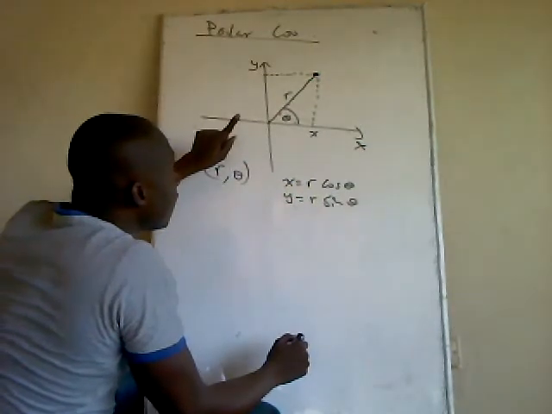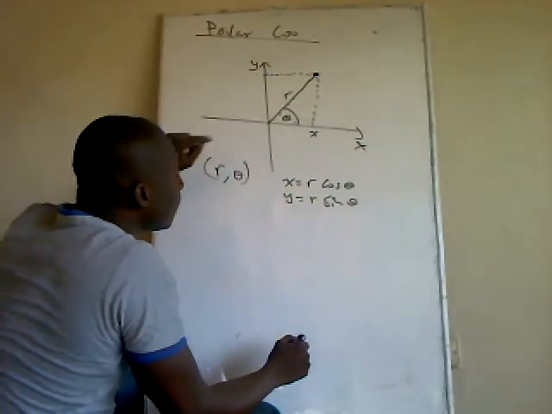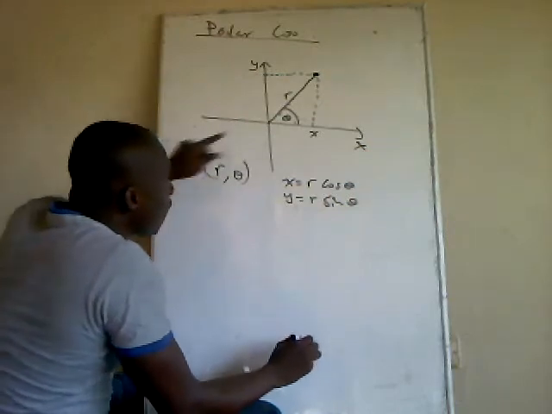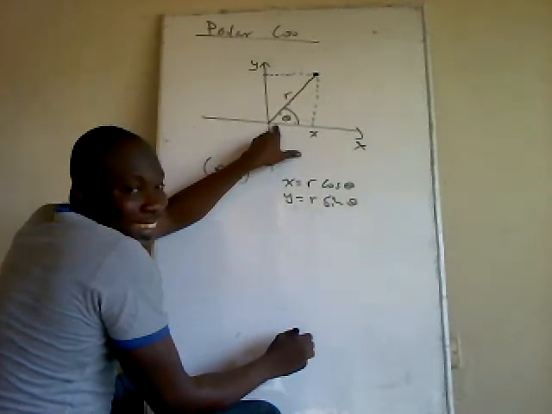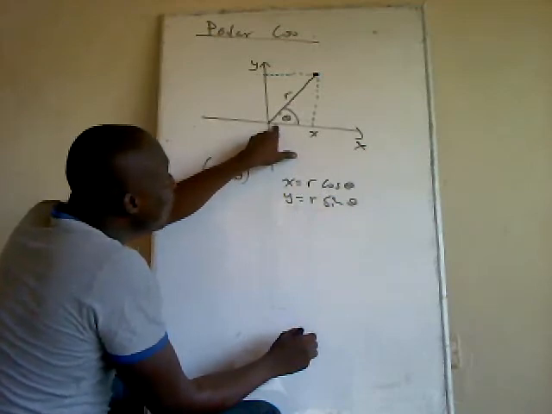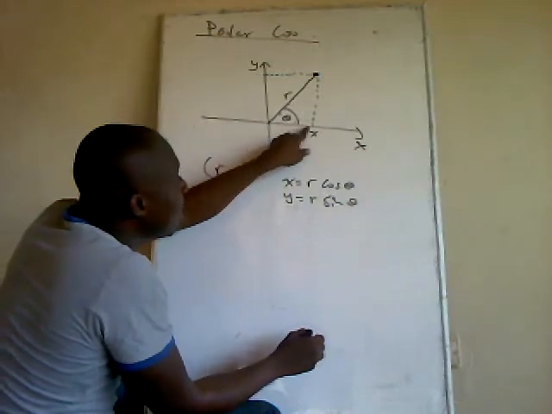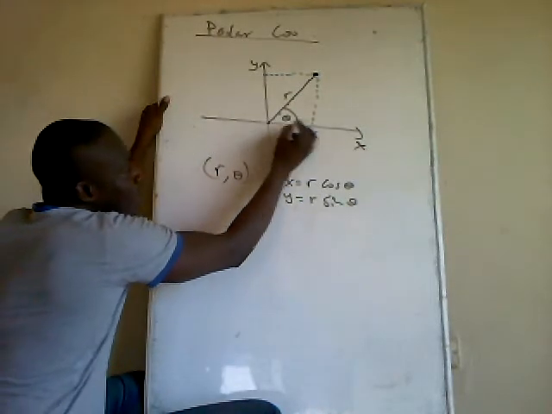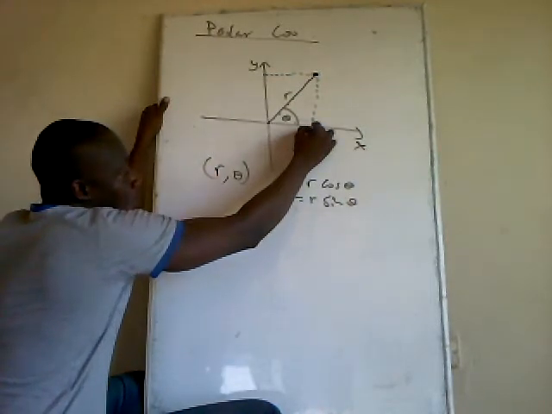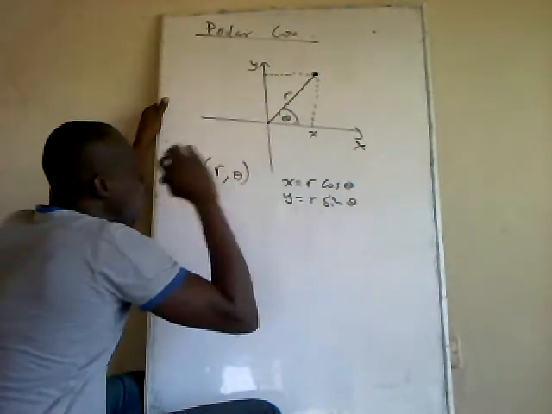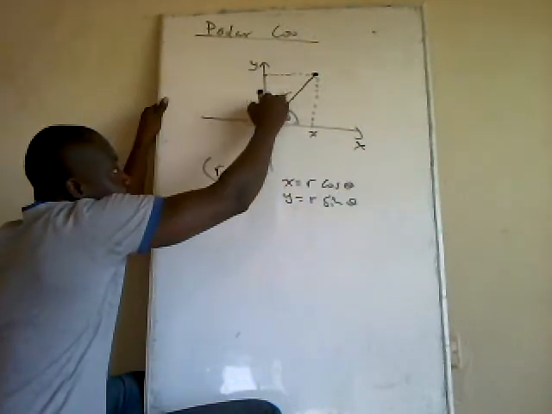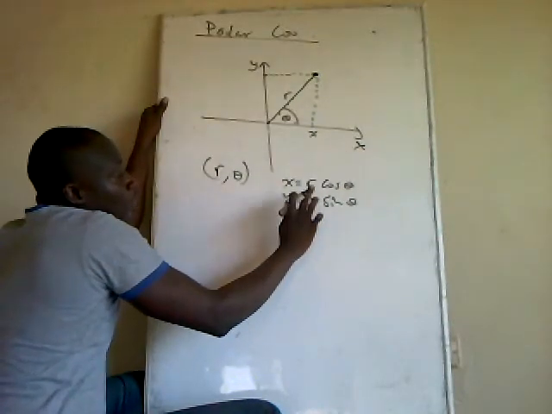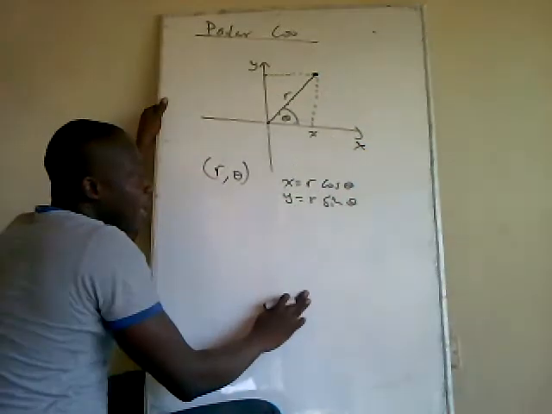Remember, with reference to this theta, this becomes the adjacent. So this distance is equal to the hypotenuse times the cos of the angle, and that distance there is equal to the hypotenuse times the sine of the angle.